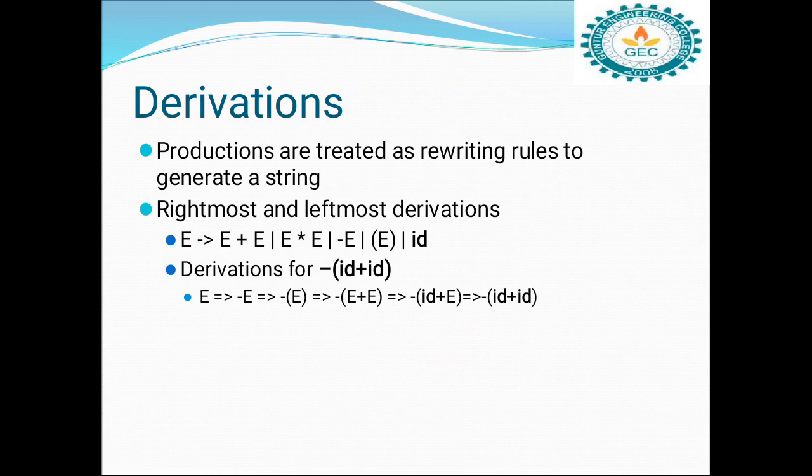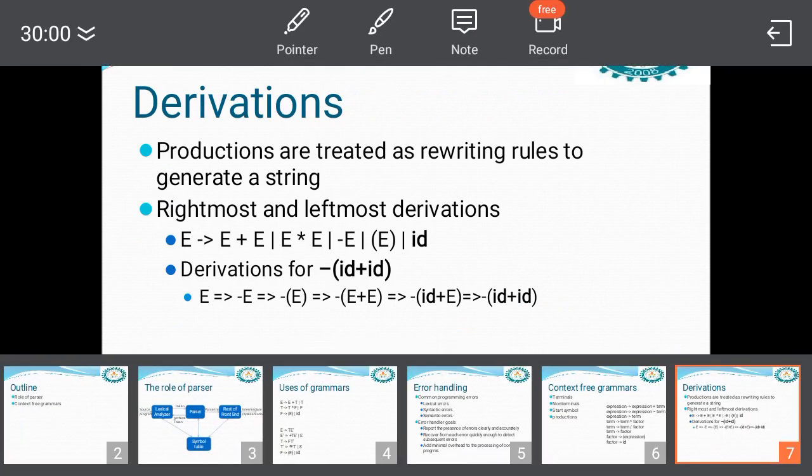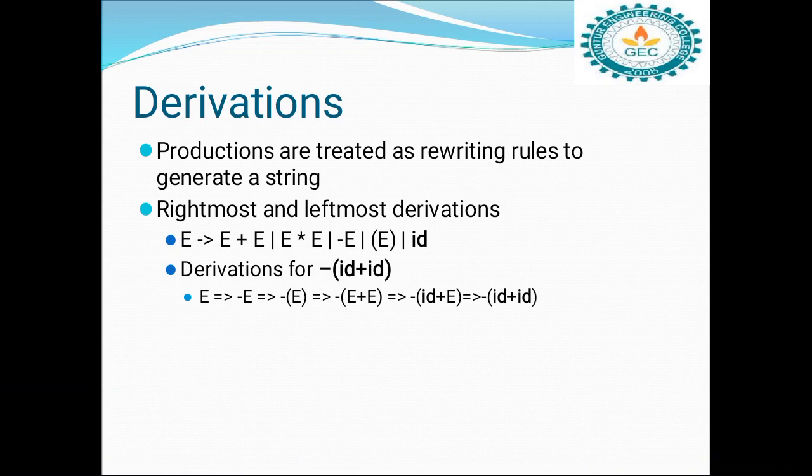Then again, minus open braces E changed to E plus E, so minus open braces E plus E closed braces. Next E tends to ID. So replacing one by one, minus open braces ID plus E closed braces, then minus open braces ID plus ID closed braces. So this is accepted. This is the derivation.